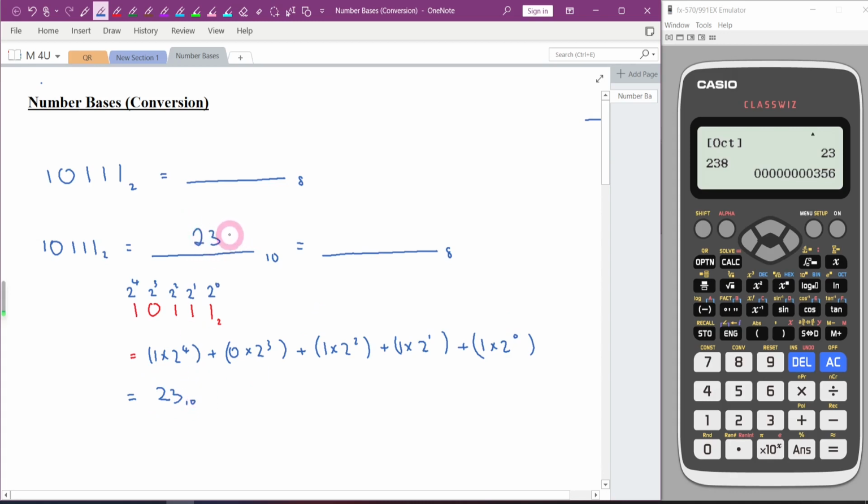23. So how am I going to convert this to base 8? I think you know, right? Write 23, and then keep on dividing this number by 8.